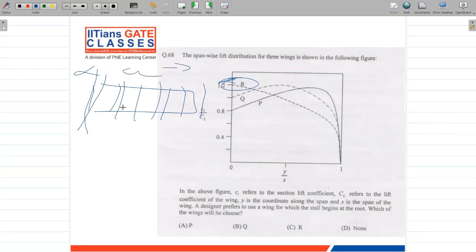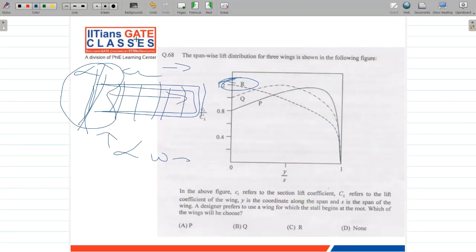So if I increase my angle of attack for the entire wing, I'm definitely going to get more CL at the root than in the other locations. Which essentially means that this location is closer to stalling than any other location, because it is already at a higher CL value than any other location.